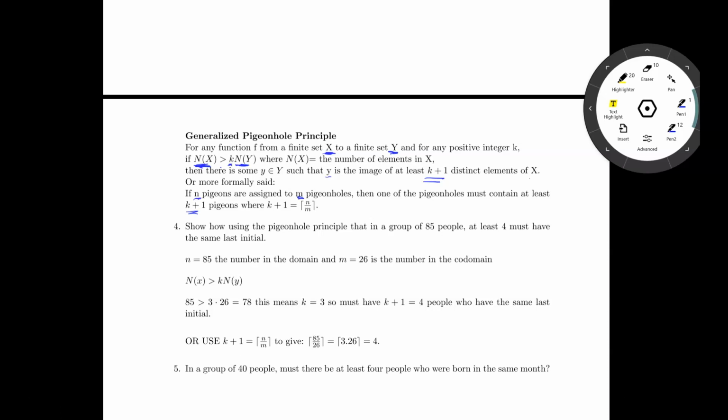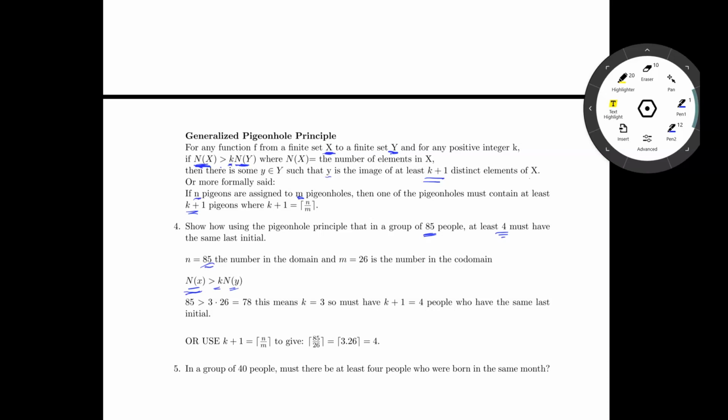So let's bring this to earth with a real problem. If I've got a group of 85 people, do I have to have at least 4 of them with the same initial? Okay, so n is 85, the number in the domain. What is Y? 26.